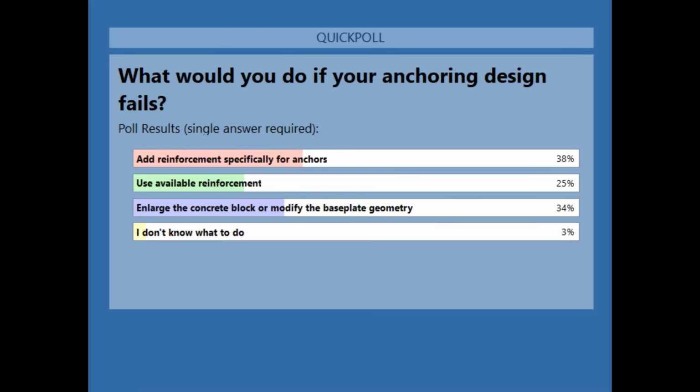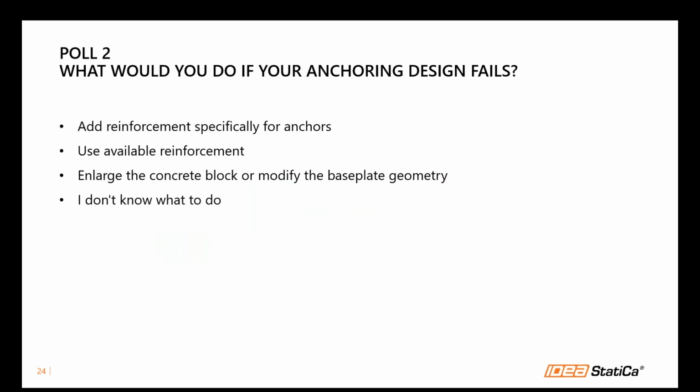And in many cases, and Steph will show you, this is really an unnecessary step, just wasting material. And the first two, of course, this is what Steph was talking about. It's described in the code, but not very well, and it may not be super straightforward. So thank you for your votes.